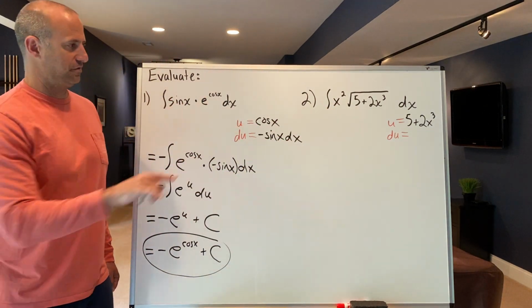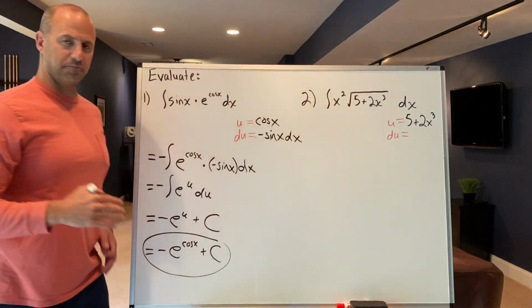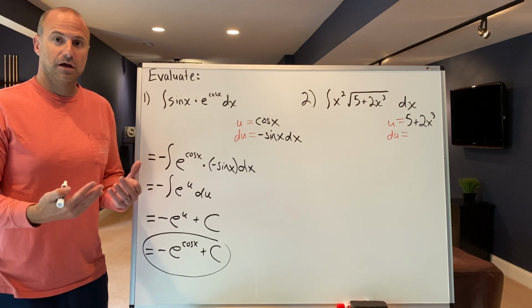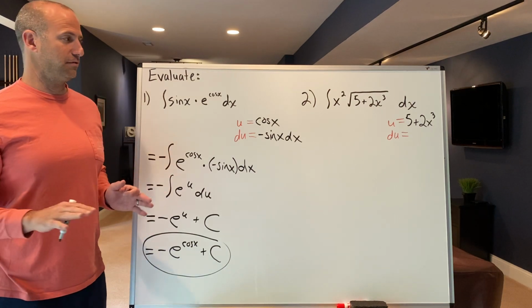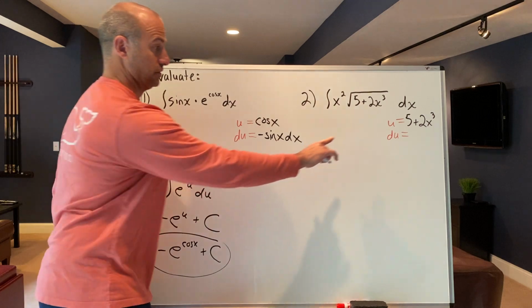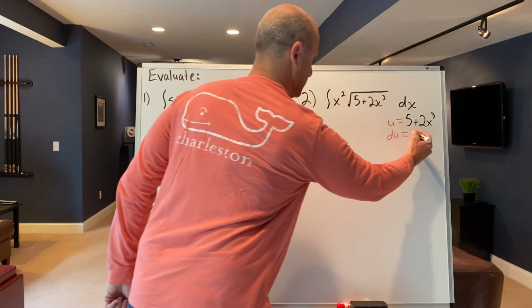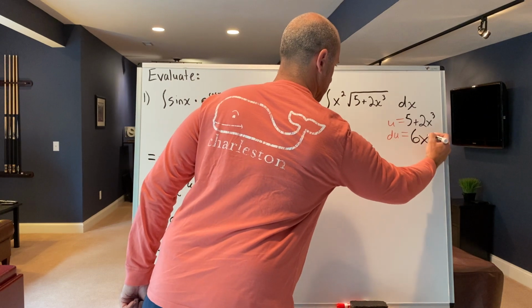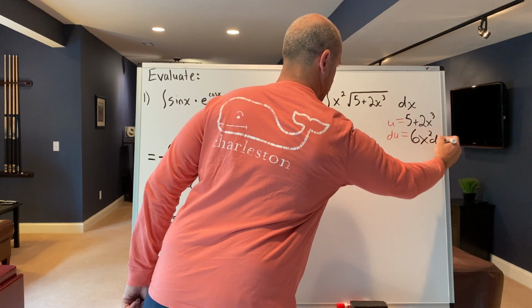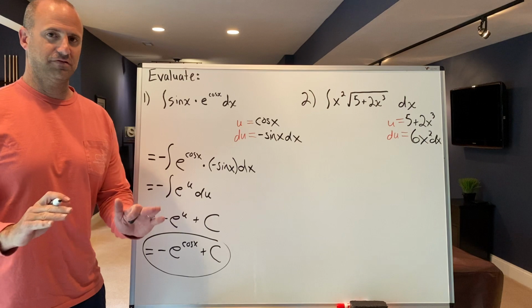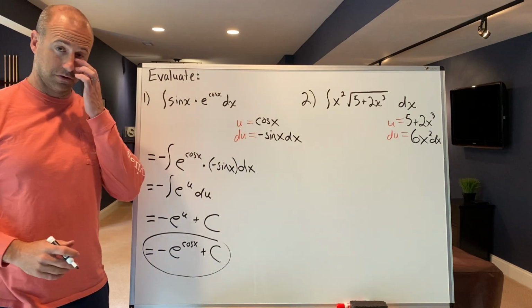Now again, I realize this is 1x squared, but the point is that it's an x squared, that's what we're looking for. And so, yes, the differential of 5 plus 2x cubed is 6x squared dx. Okay, hopefully that made sense based on our conversation on this earlier one.